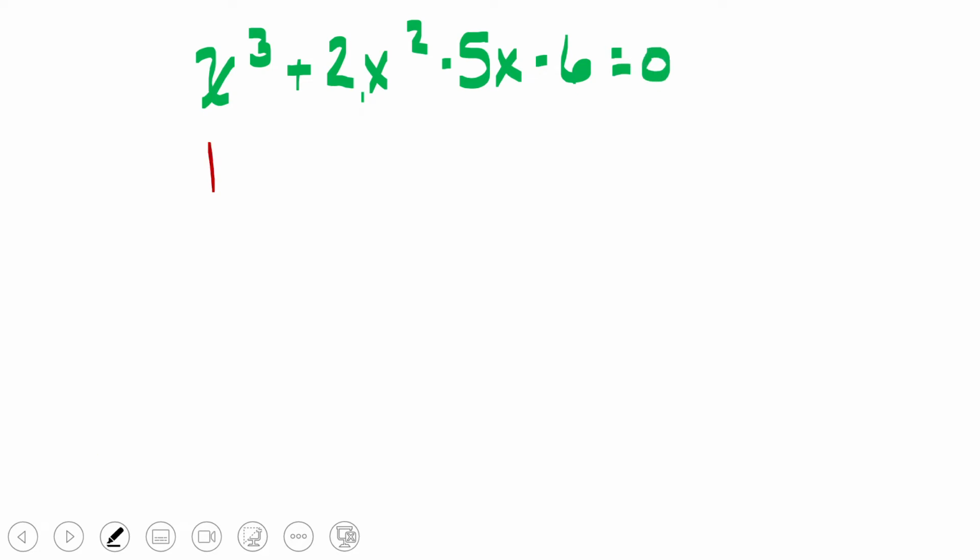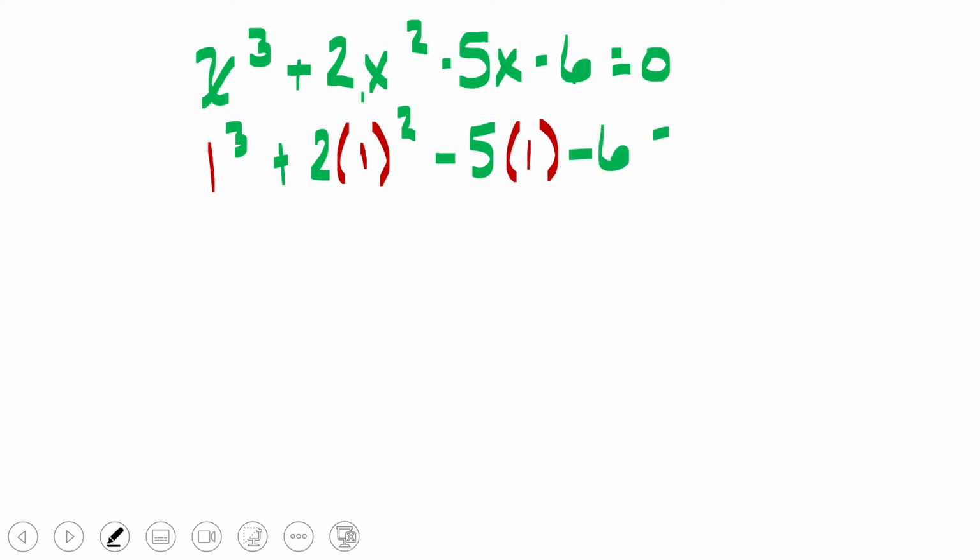We're going to say a positive 1, that's going to be cubed plus 2 times 1 minus 6 equals 0. I substituted in a positive 1 everywhere we see the x variable in our polynomial.